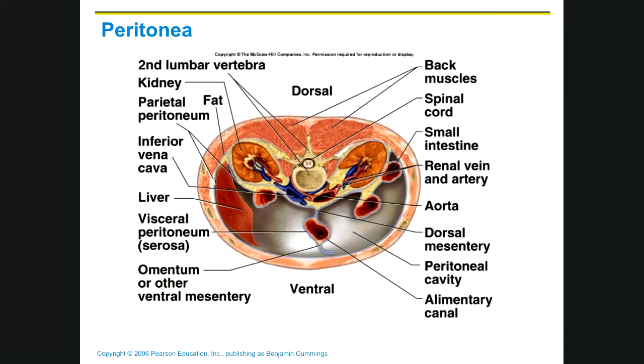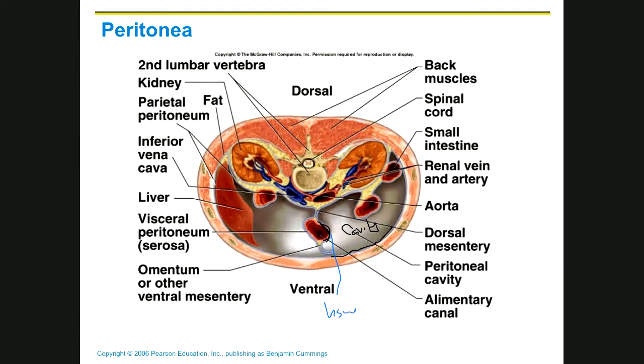If we do a transverse section, we see this big cavity in here with organs in it. But look, there's a membrane right here. And there's a membrane right here. So it's the same thing. It's just the cavity is a little bit bigger. But there is a visceral layer. That's this one. And there is a parietal layer.